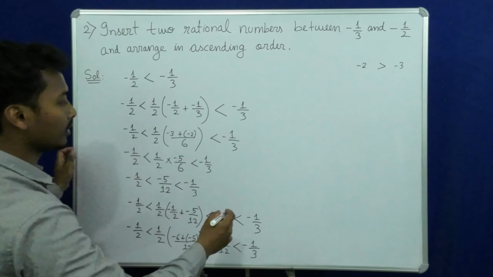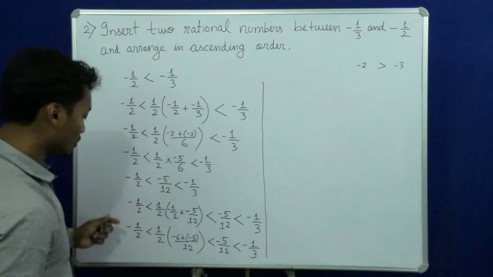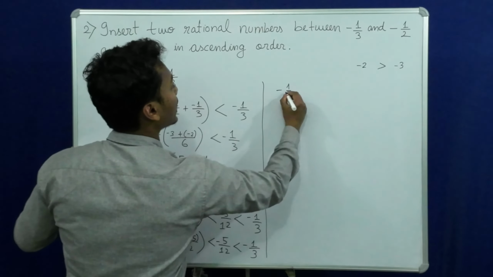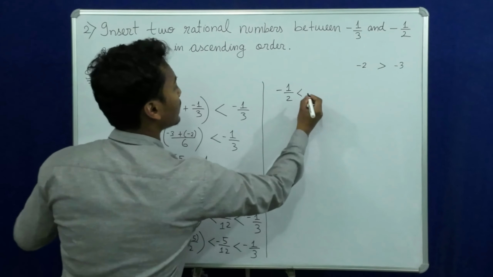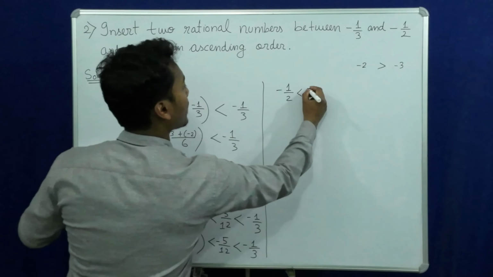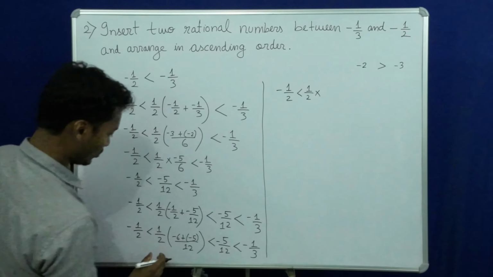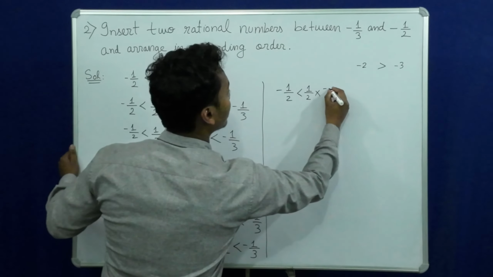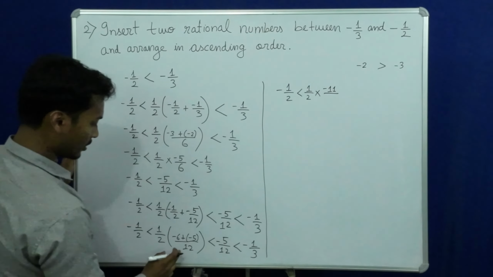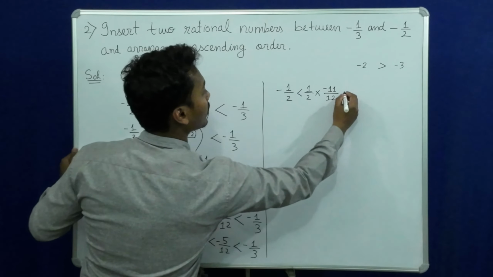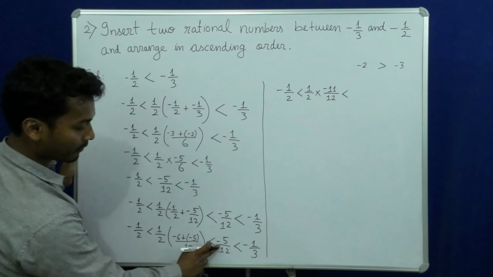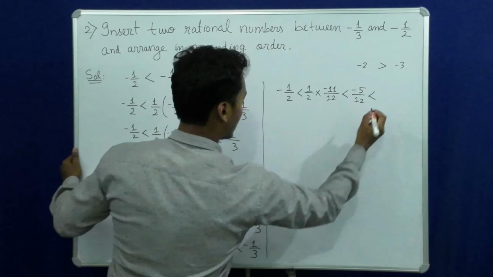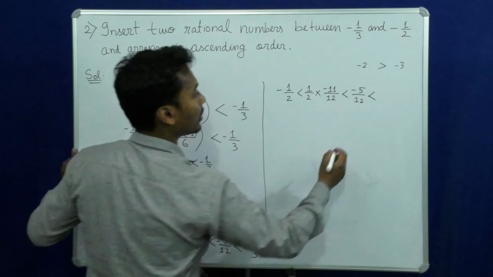Now let's continue it this side. Let's solve this one. So first let's write negative 1/2 less than 1/2 into negative 6 plus negative 5. So we have negative 11/12 less than negative 5/12, negative 5/12 less than negative 1/3.